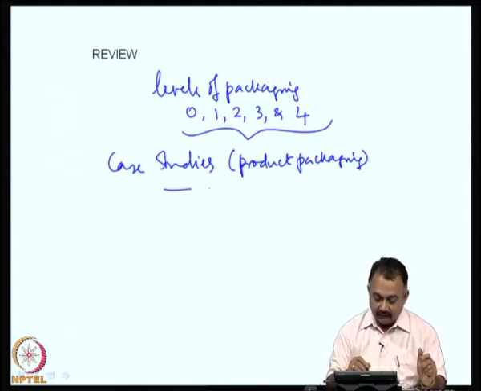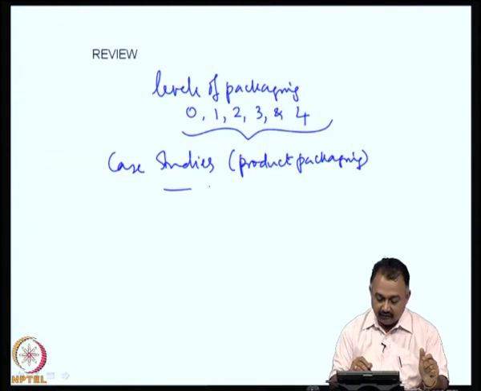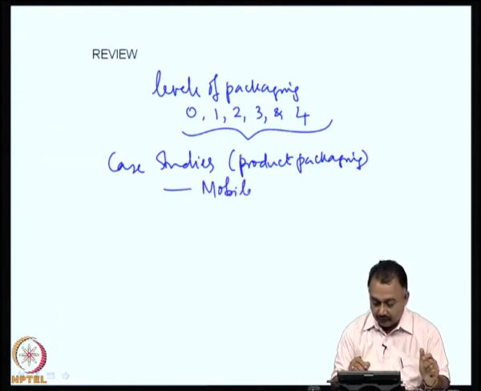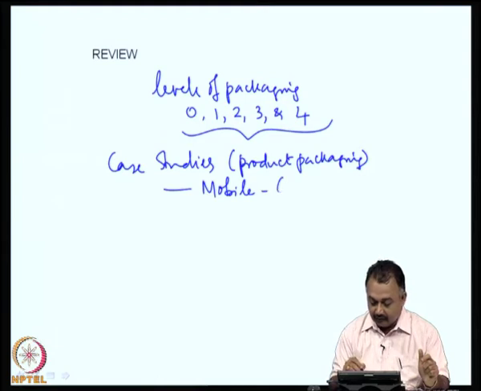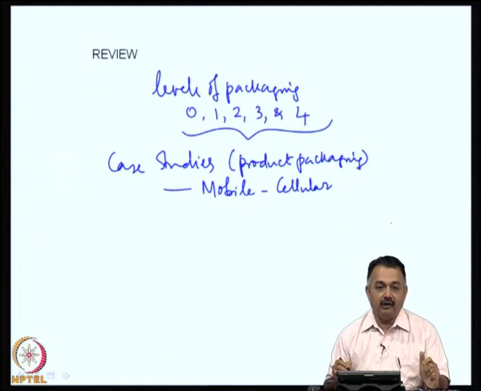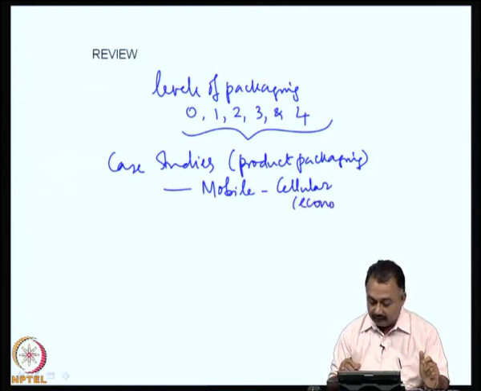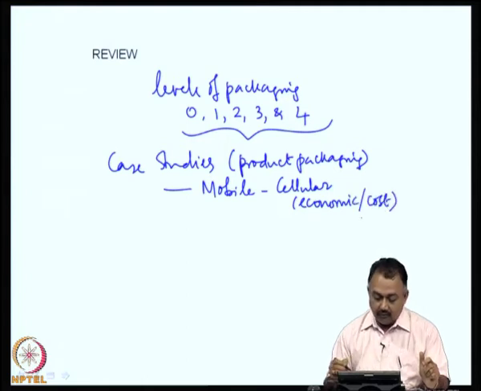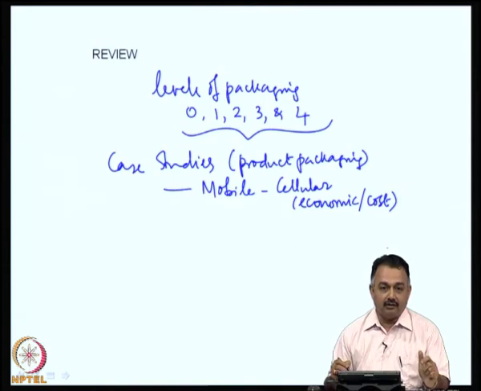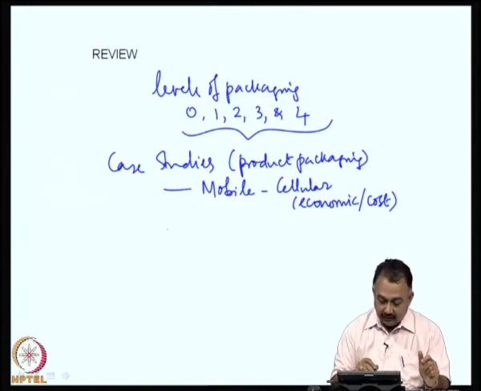The first case study application area that we looked at was mobile phones or cellular phones. We saw all the various items including the economic factors, cost and so on. So, manufacturing is related to cost. I think we are very clear about these packaging aspects.